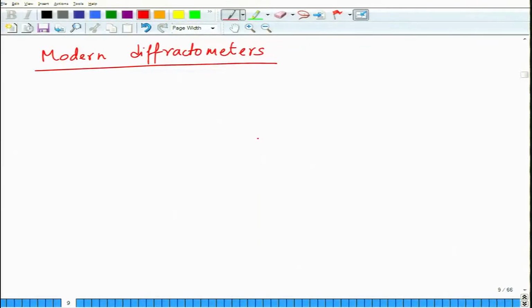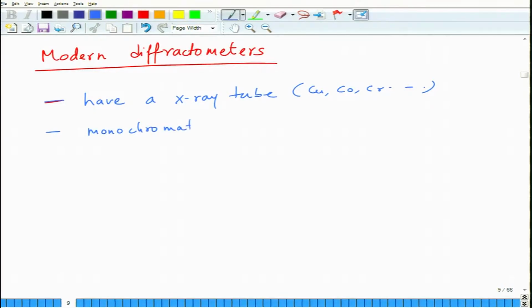Modern diffractometers have an X-ray tube, which could be copper, cobalt, chromium, any source, and they use monochromators for fixed lambda. Monochromators are basically single crystals which reflect only a particular beam.